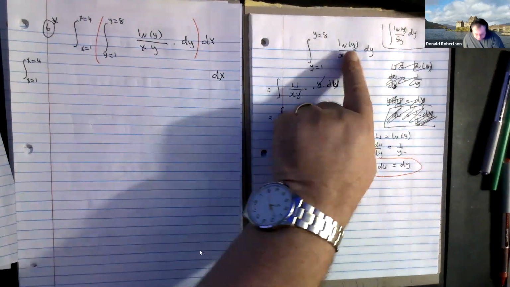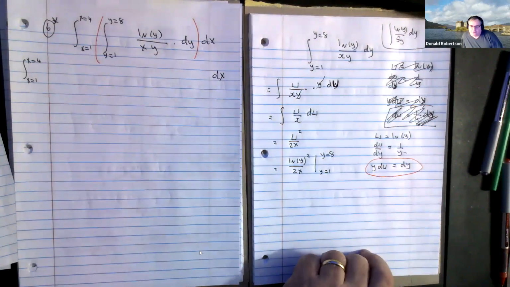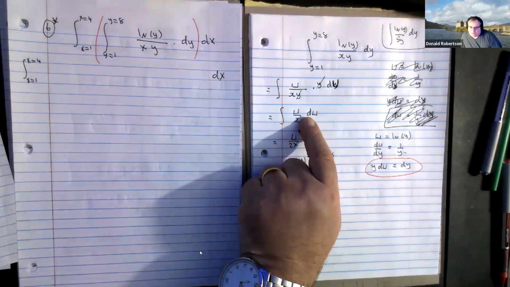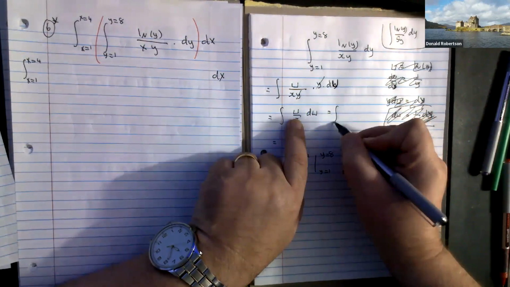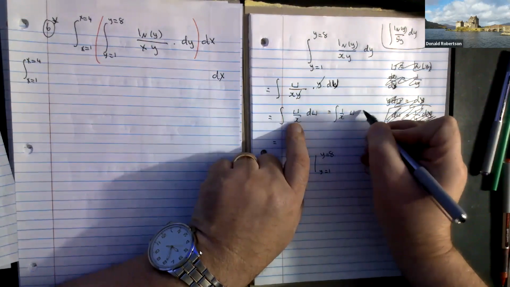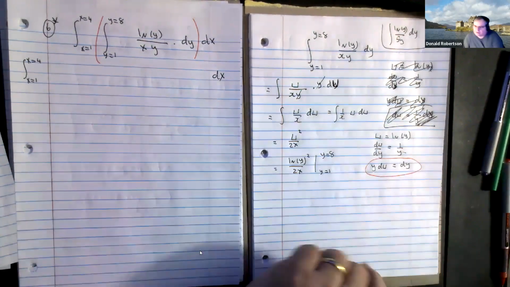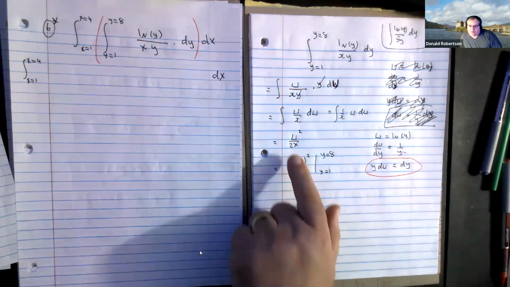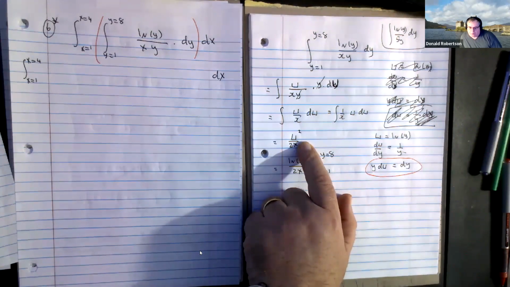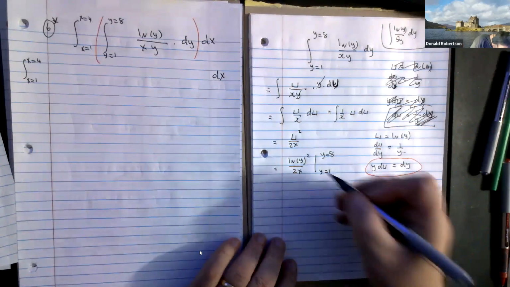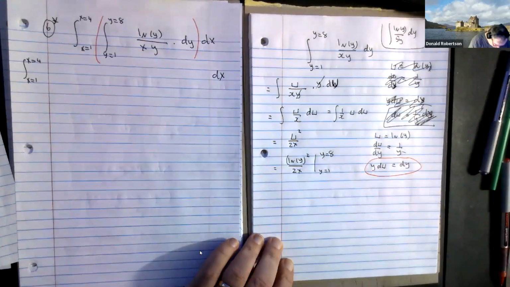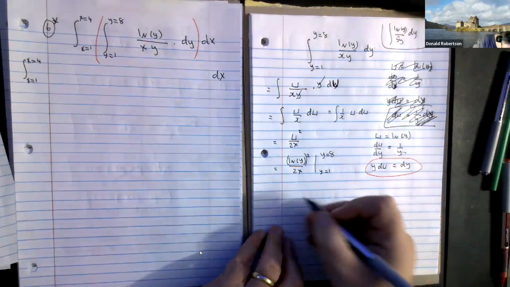When you do a u-sub, especially when there's lots of variables, you convert it into something much nicer. If you don't like the way that's written, an equivalent way of looking at it would be that. Does that help you see it a little bit better? Integrate it, power rule, plug the log y back in instead of u. So it's essentially log y squared, and we're ready to go.